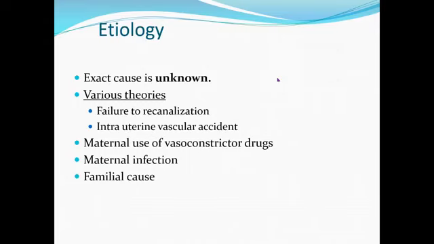This intestine may become necrosed or lost in intrauterine life, creating a problem like intestinal atresia. Some maternal infection and familial causes are also important. For every congenital anomaly or disease, you should take a family history, that is, whether any other child or family member suffered from this type of anomaly.